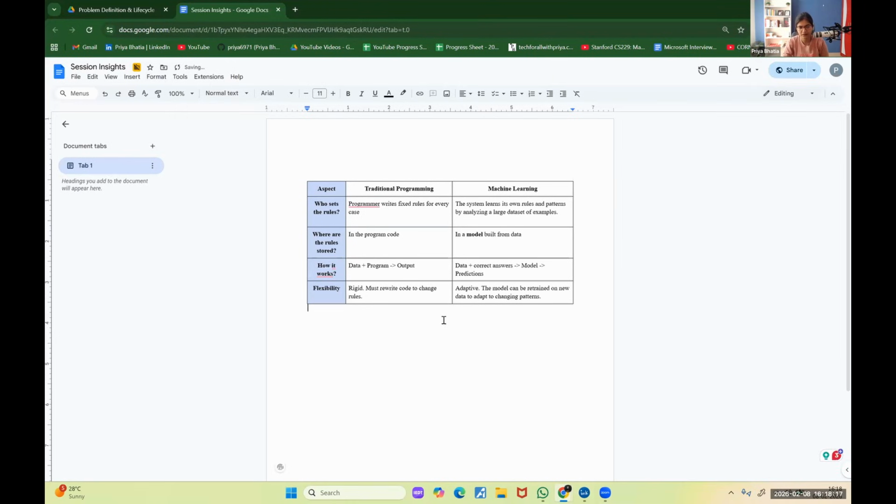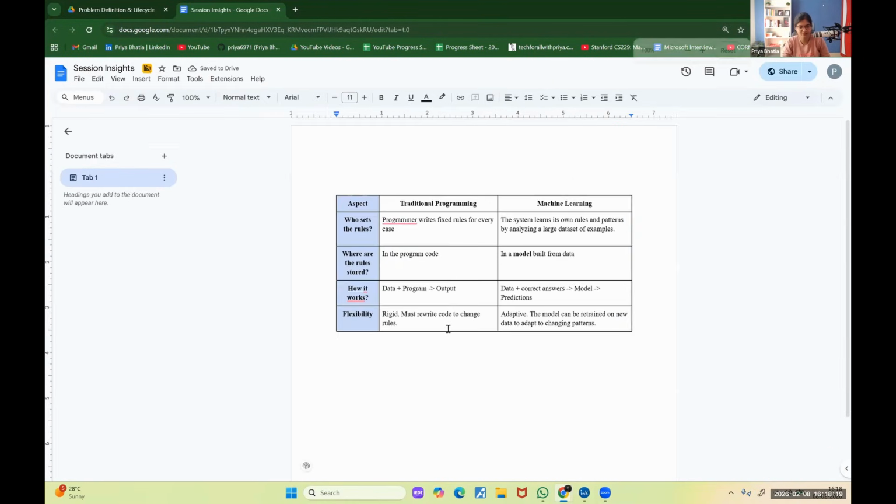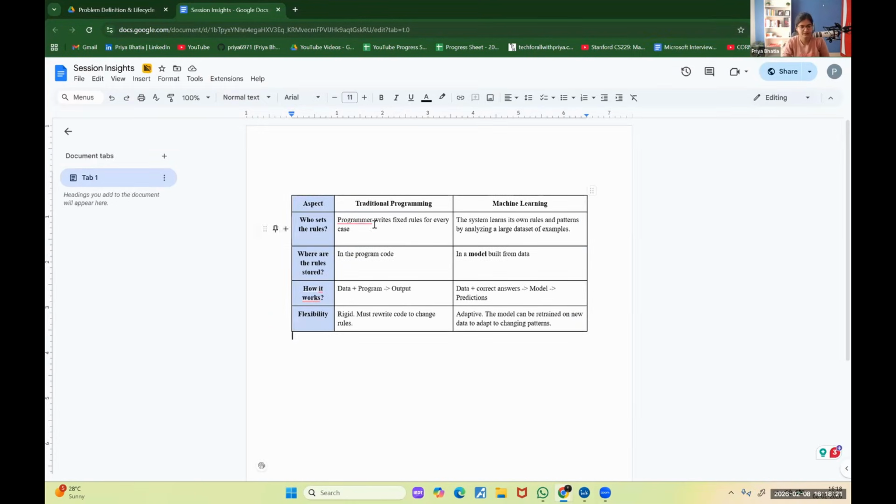can we see this is the main difference that we have covered just now? See this? In traditional programming, a programmer writes fixed rules for every case. In machine learning, the system learns its own rules and patterns by analyzing a large data set of examples. Where are these rules stored? In traditional programming, in the program code.